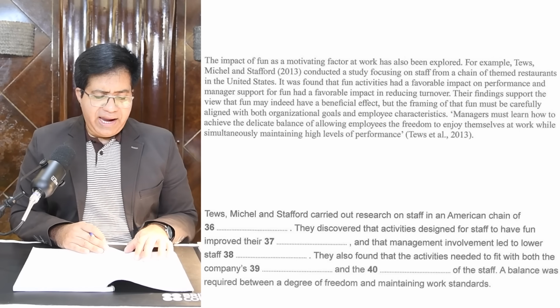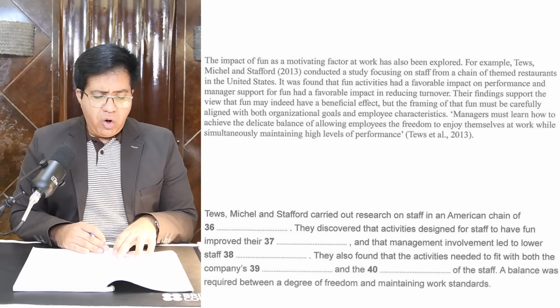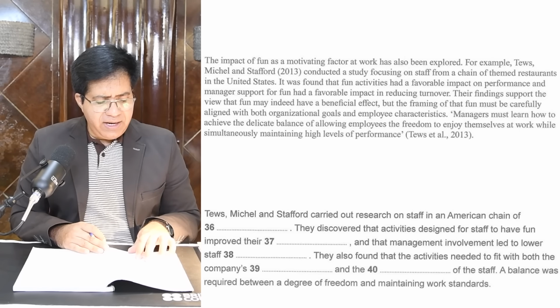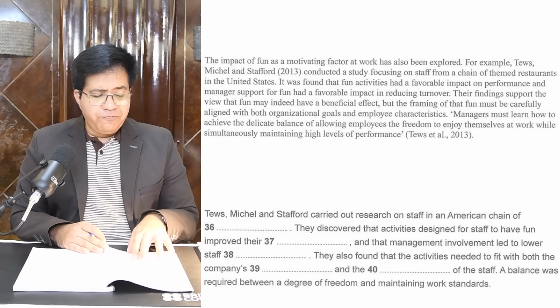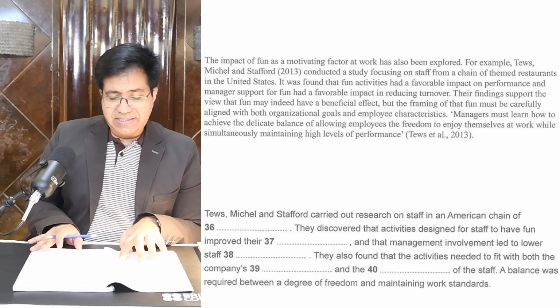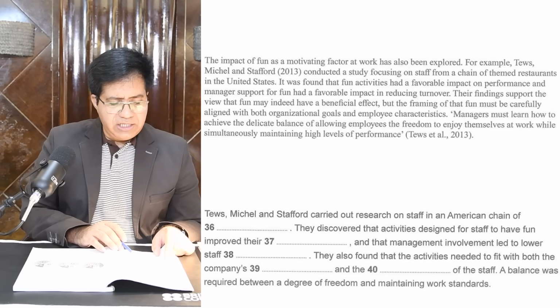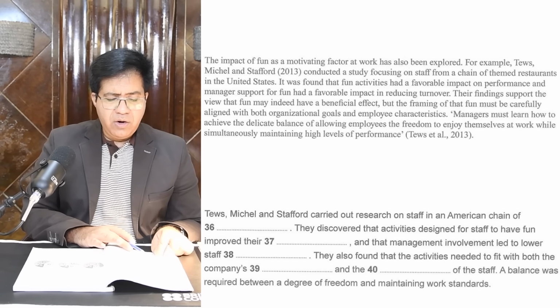It was found that fun activities had a favorable impact on performance and manager support for fun had a favorable impact in reducing turnover. So, fun activities had a favorable impact on performance. That's right. They mentioned over here very clearly, they discovered that activities designed for staff to have fun improve their performance. And then they talk about the next thing.